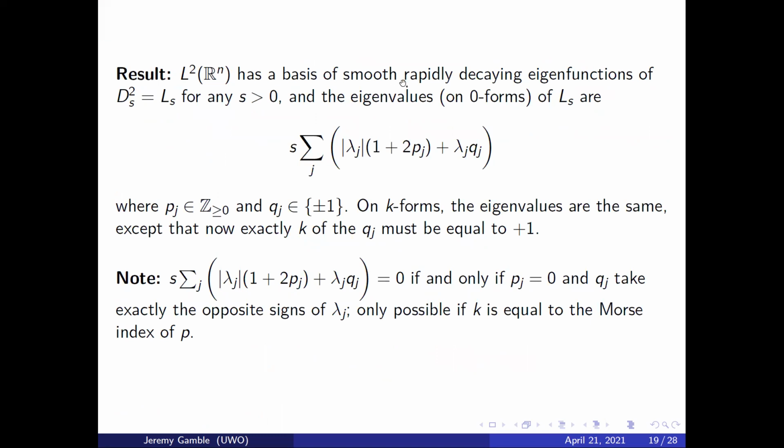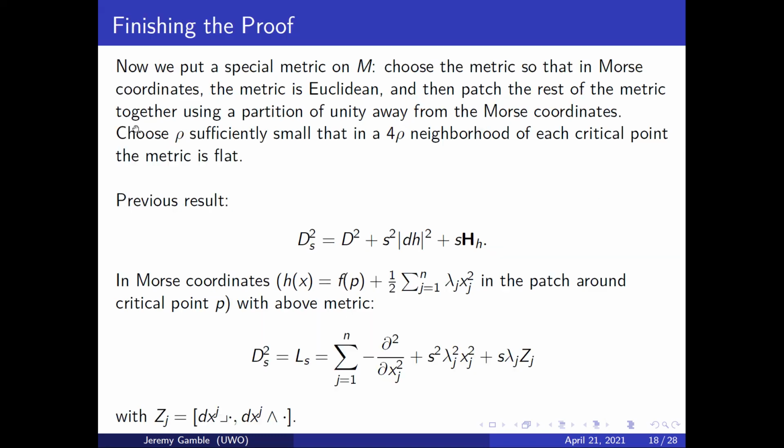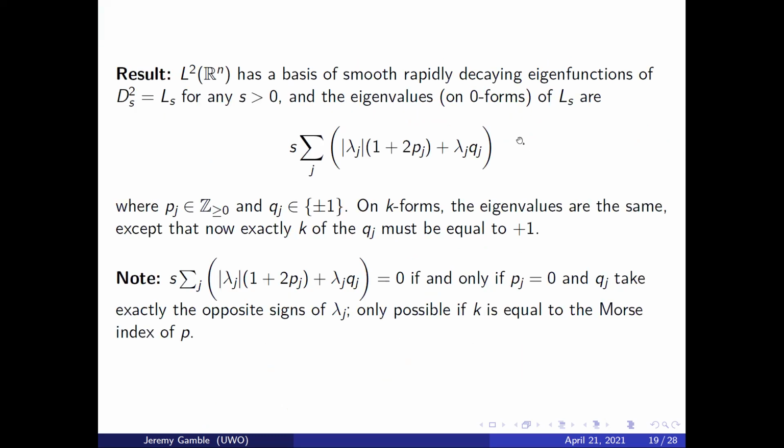So this is the result. We've got smooth, rapidly decaying eigenfunctions for this LS operator, this harmonic oscillator operator. And the eigenvalues are given by this formula here, where P sub j is a positive integer, and Q sub j can be plus or minus 1.